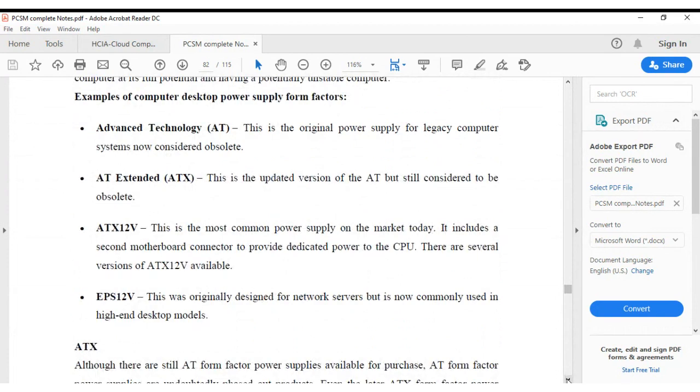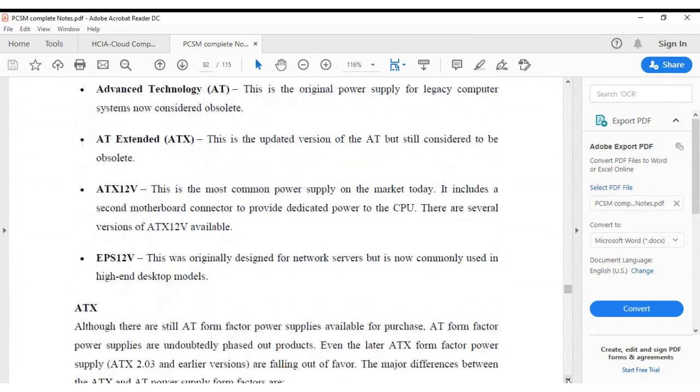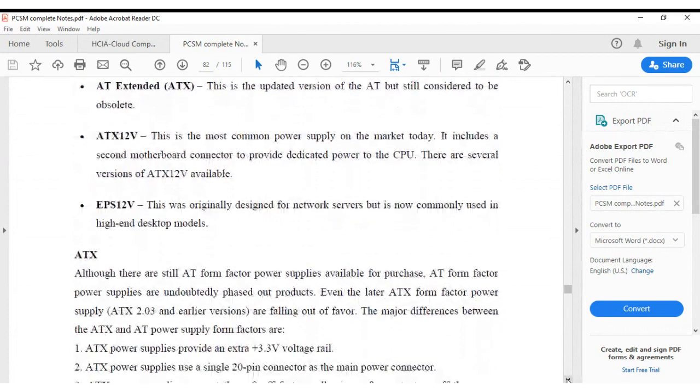It includes a second motherboard connector to provide dedicated power to the CPU, and there are several versions of ATX12V available. Then we have EPS12V. This was originally designed for network servers, but is now commonly used in high-end desktop models.